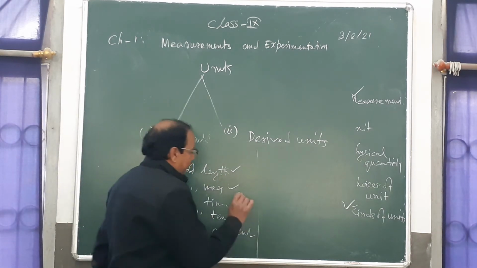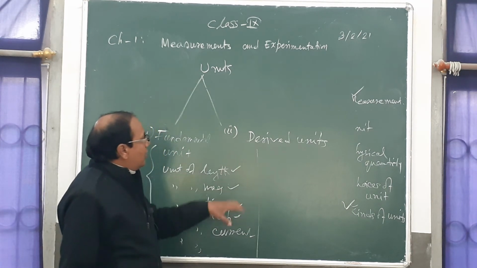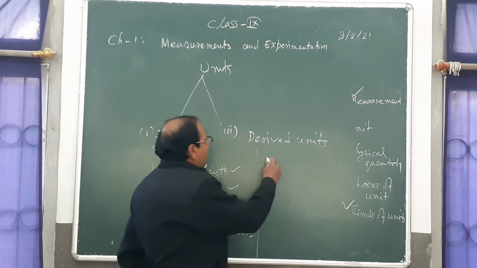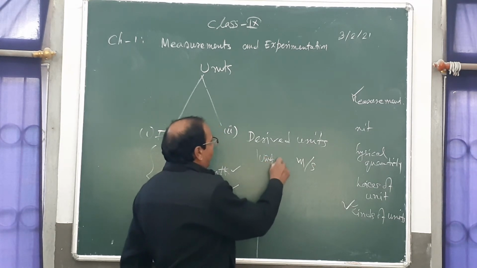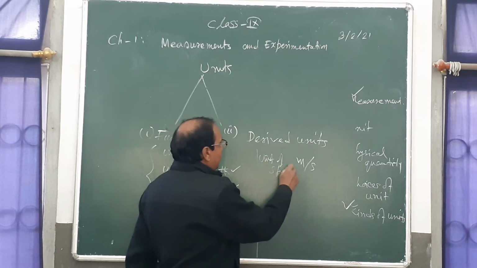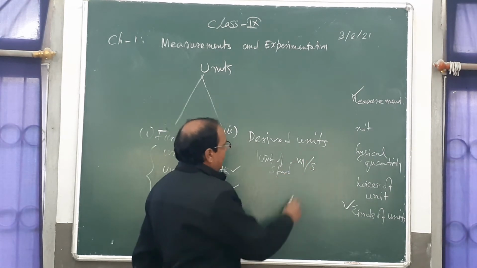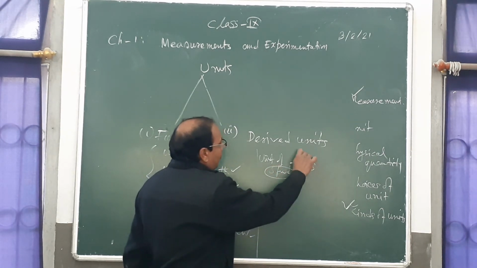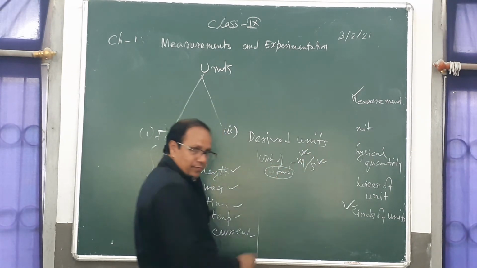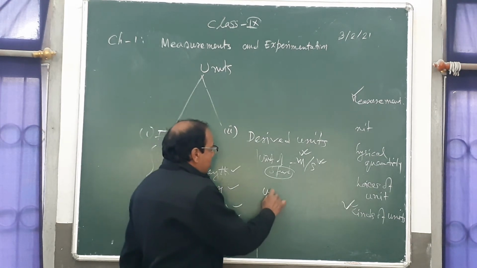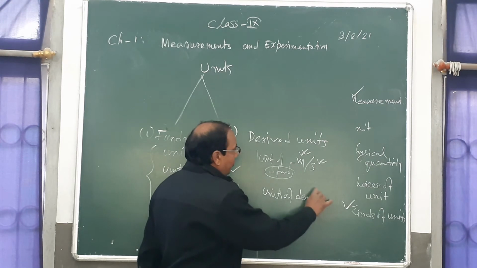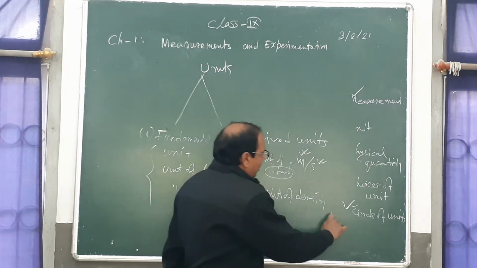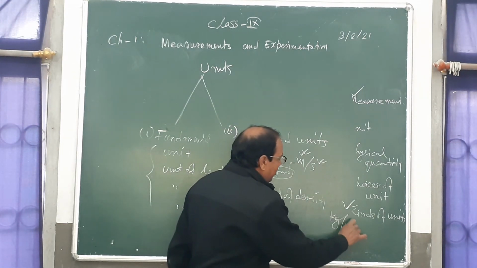Now derived units. Suppose the unit of speed. Unit of speed is meter per second. So the unit of speed depends on length as well as time. Similarly, the unit of density in the SI system is kg per meter cube.